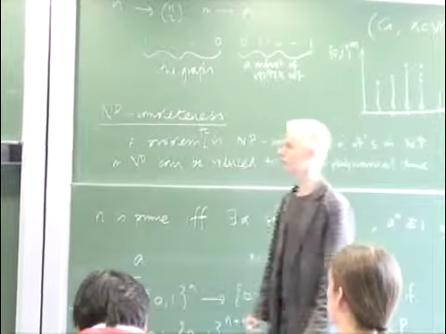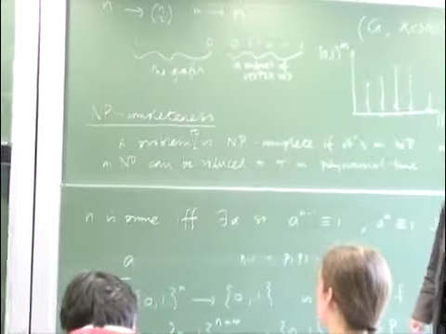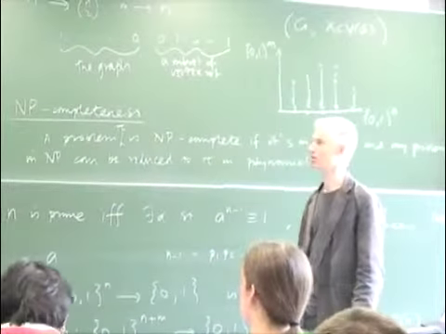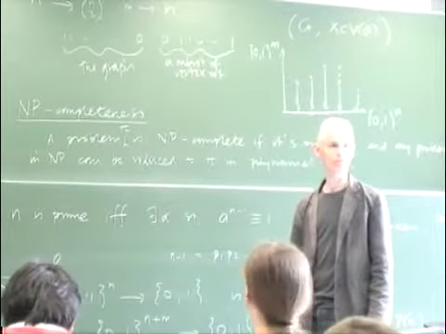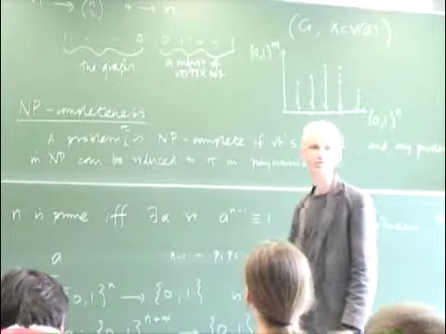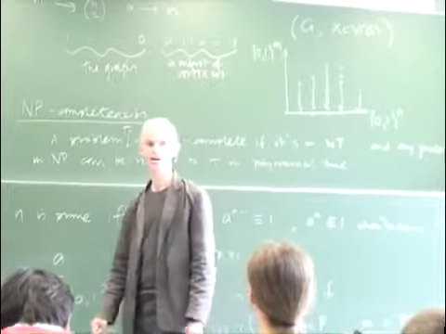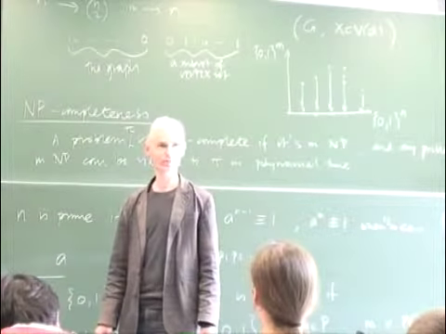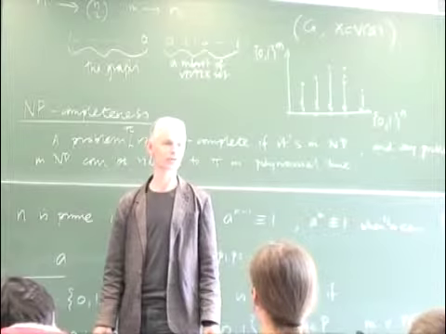Let me now give 2 more examples of NP-complete problems. One is fairly trivial from this circuit one, and the other is one of the most famous basic examples, called 3-SAT. And then once I've shown you 3-SAT, I will show you that the problem of finding a clique in a graph is also NP-complete.